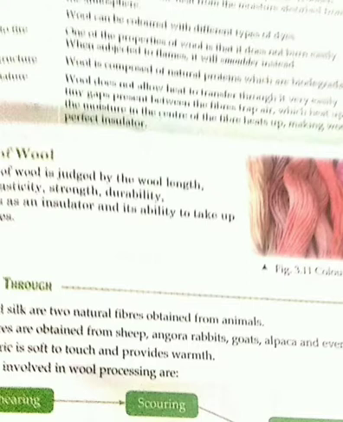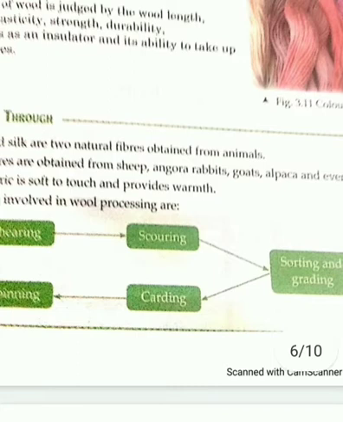It fills all the tiny gaps present in the fiber and traps air, which heats up with the moisture, and the heat will not go out, and our body will remain what? Our body will remain warmer. Okay, so all these are the qualities of wool.